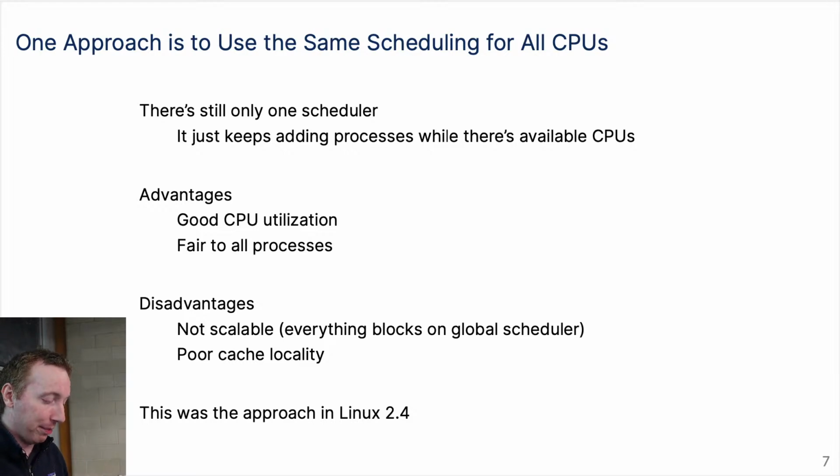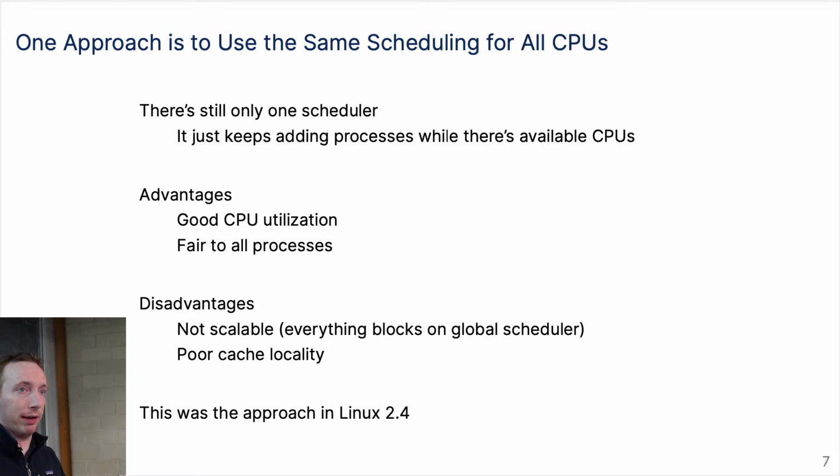But it's not going to be terribly scalable because now you have only a single scheduler and it would have to be protected by a mutex, making it essentially single-threaded. It's also got fairly poor cache locality because the processes, whenever they context switch in and out, might change between CPUs. If you context switch a process in and out on the CPU, it still might have some valid cache entries, so it would actually be faster if it stays on the same CPU.